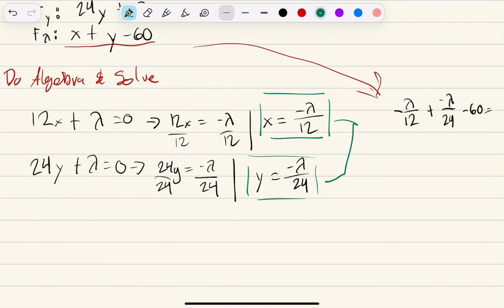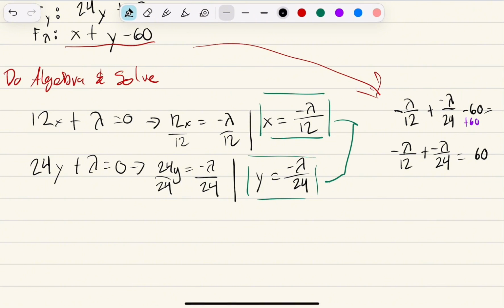If we add 16, we get that away, so we get this equal to 16.